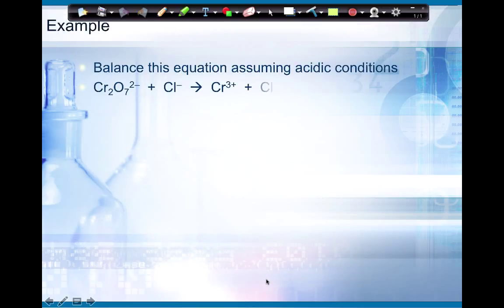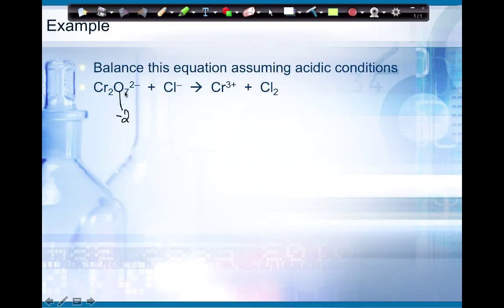All right, so let's look at an example. Okay, so we have dichlorine. Assume we have acidic conditions here. All right, so first thing, let's divide it out into two half reactions. So let's look at the chromium first. All right, so oxygen is -2.